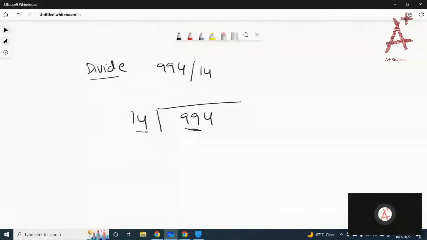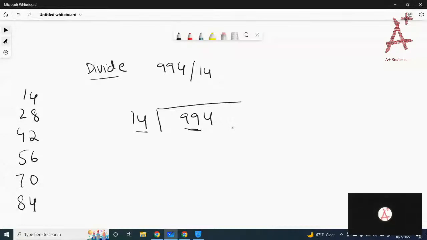We have to count the table of 14 until we get close to 99, but not more than 99. So 14 times 1 is 14, 14 times 2 is 28, 14 times 3 is 42, 14 times 4 is 56, I think. Yes, it is 56. And 14 times 5 is 70, 14 times 6 is 84.